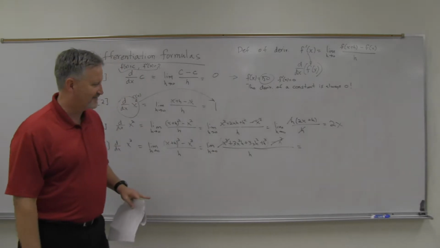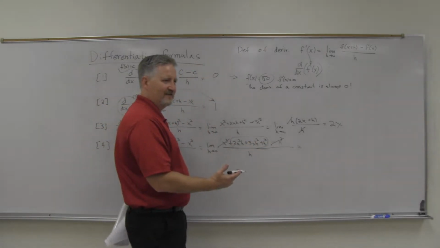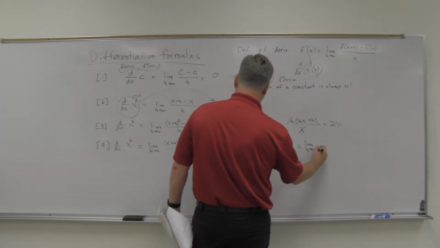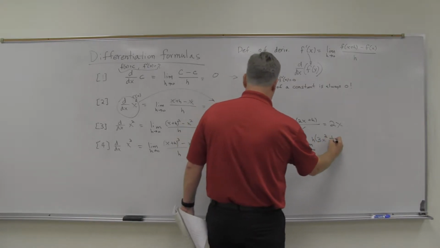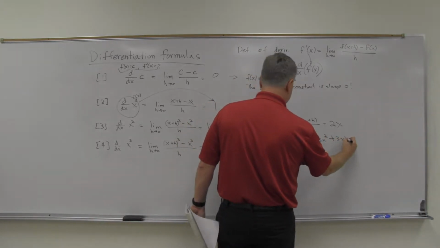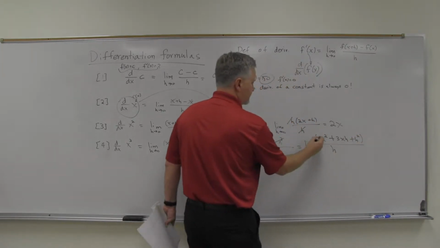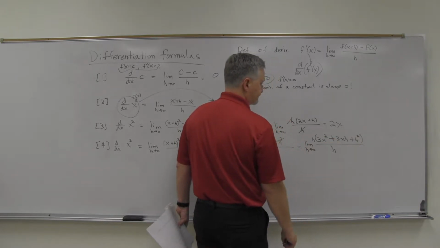The x cubes cancel, and we're left with these three, but those three all have a common factor of h, so if I factor that h off, I get h times (3x squared plus 3xh plus h squared).